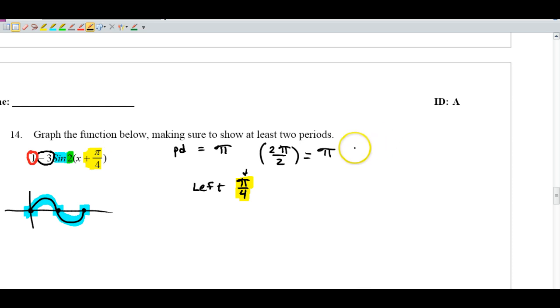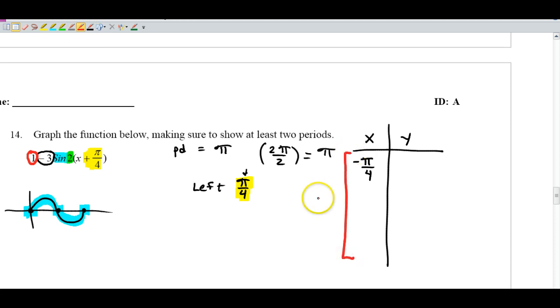Well, I'm going to start with the table for this one. And I'm going to say my x here and my y here. And I'm going to start at negative pi over 4. Now I'm going to end this period 1 pi later. So I'm going to add pi here. And so this period is going to end at negative 1/4 pi plus pi, which is going to be 3/4 pi.